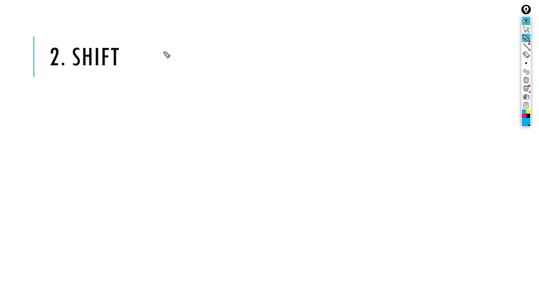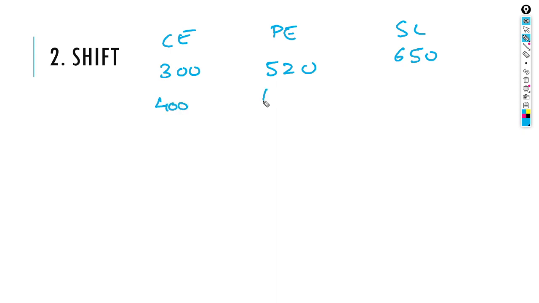We have a call option which is currently trading at 300 rupees, and a put option which is currently trading at 520 rupees, and we have placed the stop loss for both at 650 rupees. We had shorted both at rupees 400 and 400. So this is our BEP. We are at a net loss of 20 rupees. I hope this is clear.